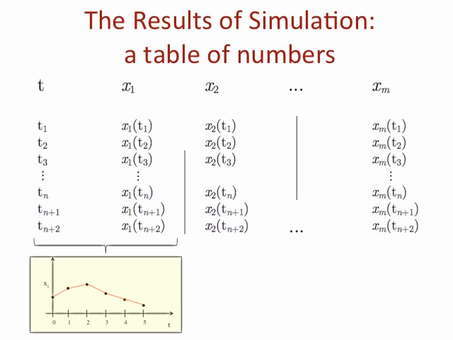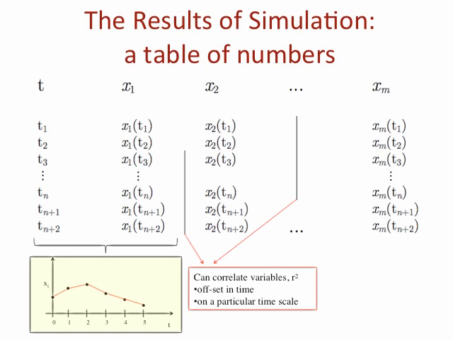And when they are graphed, although they are intrinsically piecewise linear or piecewise parabolic, you will typically only see a smooth curve when you plot the numerical solution. We can post-process the solution, as I will talk about later, by trying to correlate the numerical value of the concentrations at different points in time.